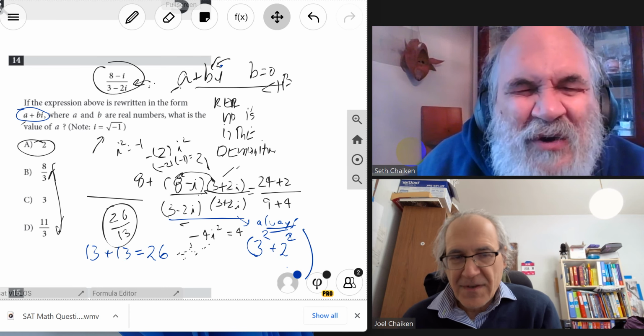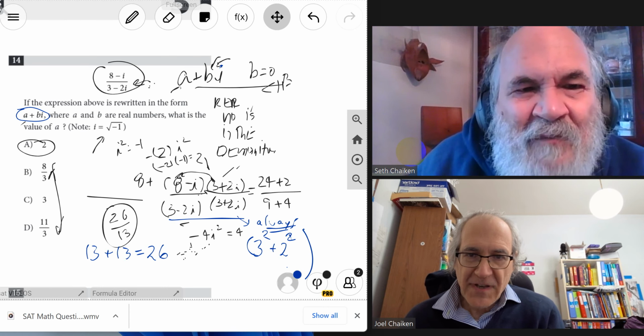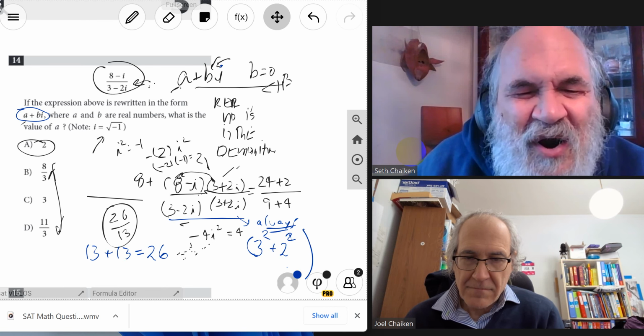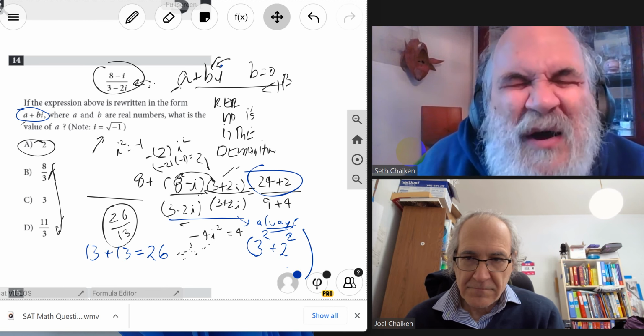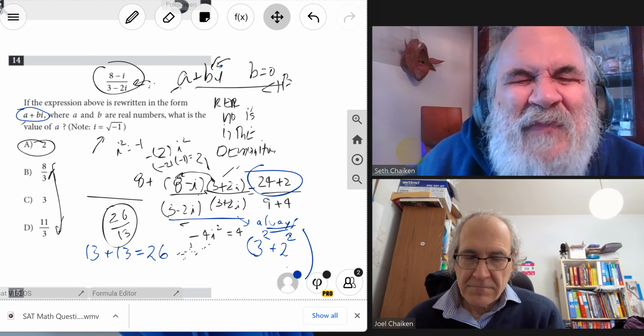So it's always going to be in this form. However, to get the real part and the imaginary part that go into the numerator, you do have to FOIL it out.